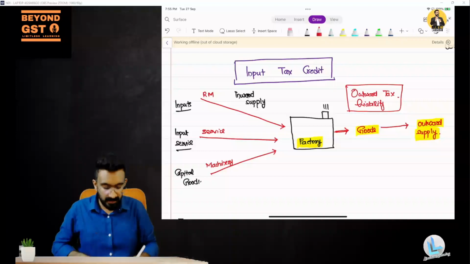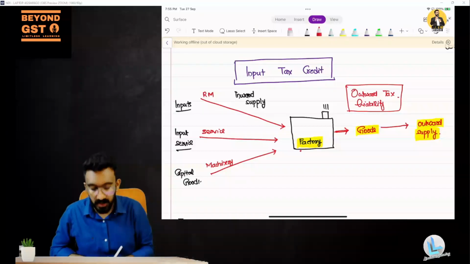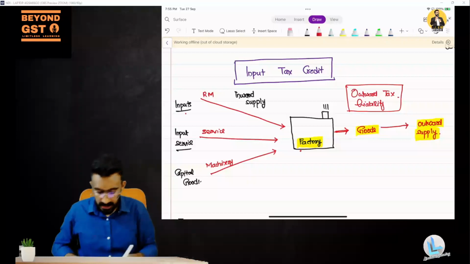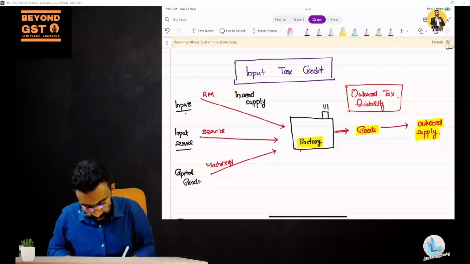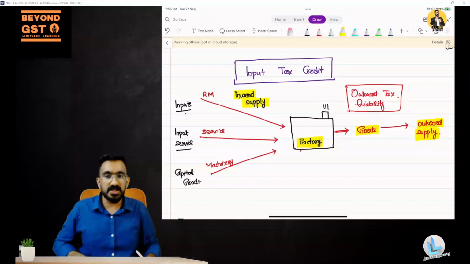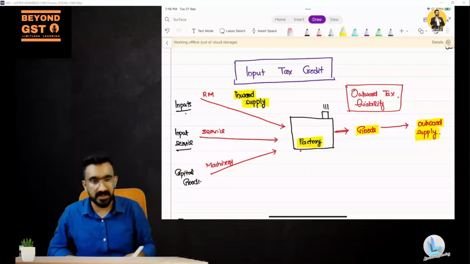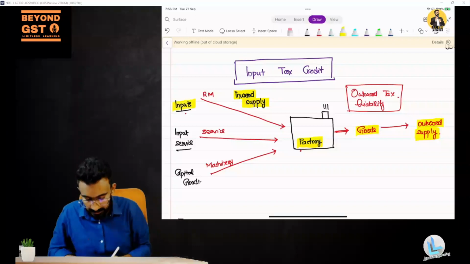Because in a factory, you would have made lots of purchases. In GST, the purchases are called inward supply. On these purchases, you would have paid some taxes. The purchases in GST are classified into 3 categories: inputs, input services, and capital goods.